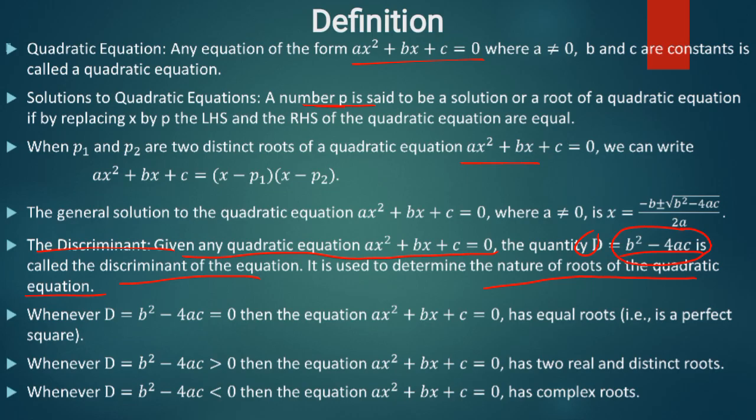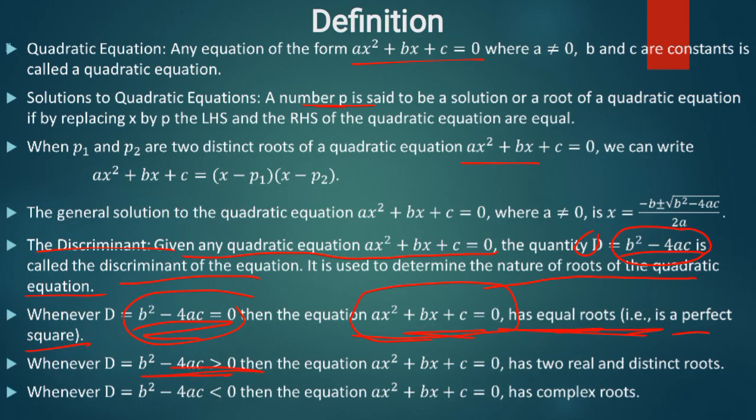If b squared minus 4ac is equal to 0, it means that the quadratic equation has equal roots. Once you have equal roots or a perfect square, the discriminant is equal to 0.